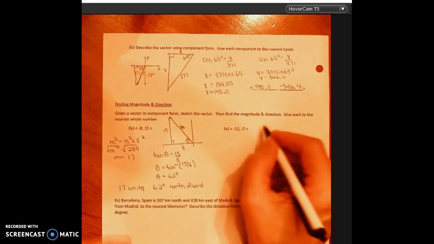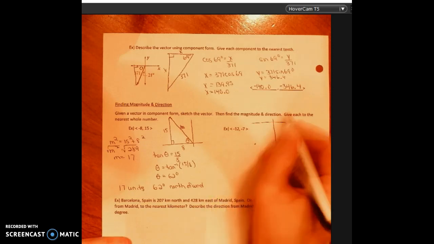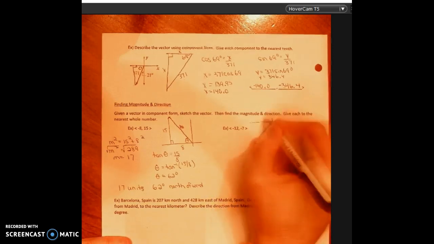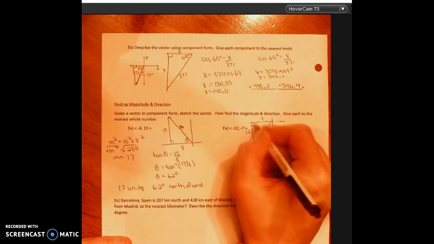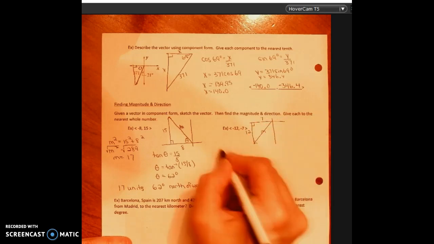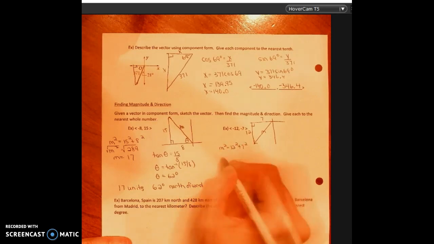Let's go take a look at the next one. We have -7, -12, so again we're just doing a rough sketch. Here's our vector. This is 7, this is 12. I'm looking for the magnitude, so we have m squared equals 12 squared plus 7 squared.